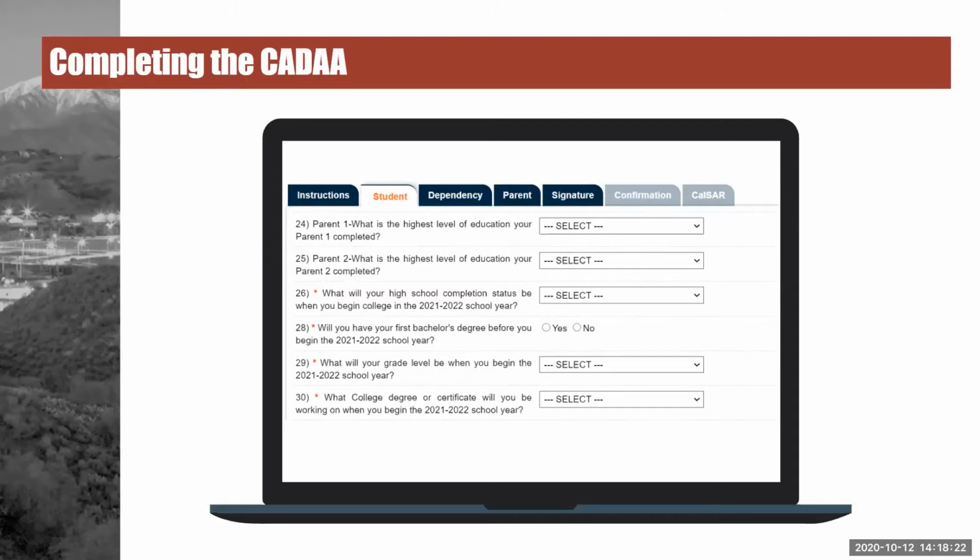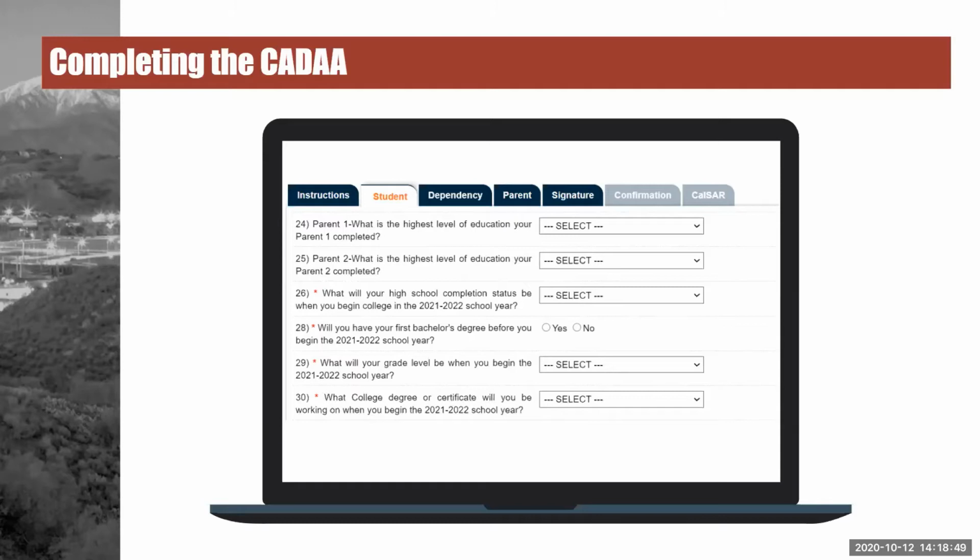The next question will ask the student to report various educational statuses as of the 2021-2022 school year. Remember that these questions are asking you about the information that will be true as of the 2021-2022 school year, which does begin fall 2021. For example, you are asked to report your high school completion status as of the 2021-2022 school year. If you are graduating high school spring of 2021, then you would report high school diploma for this question.